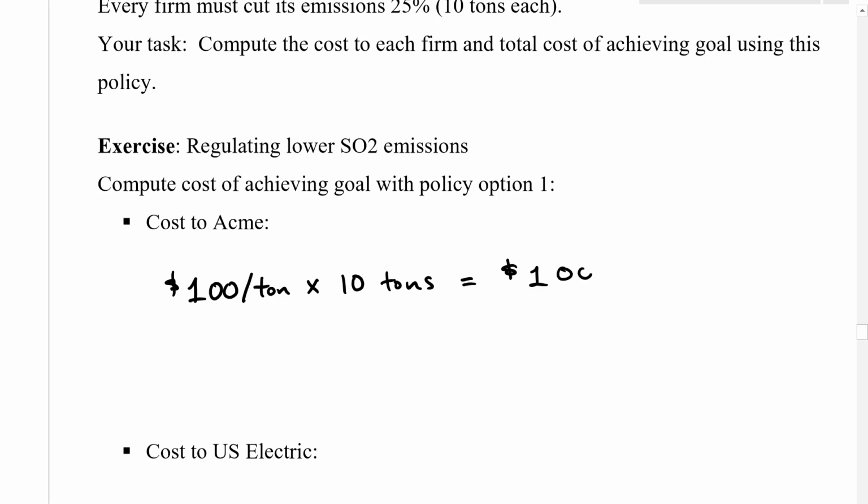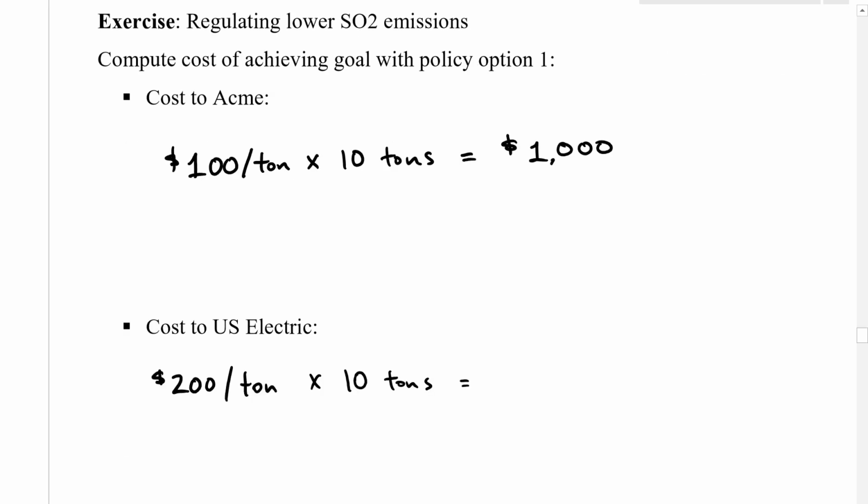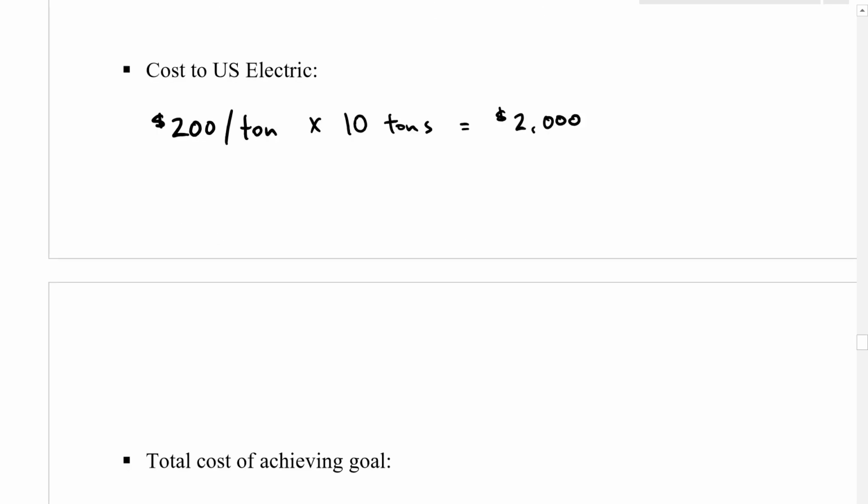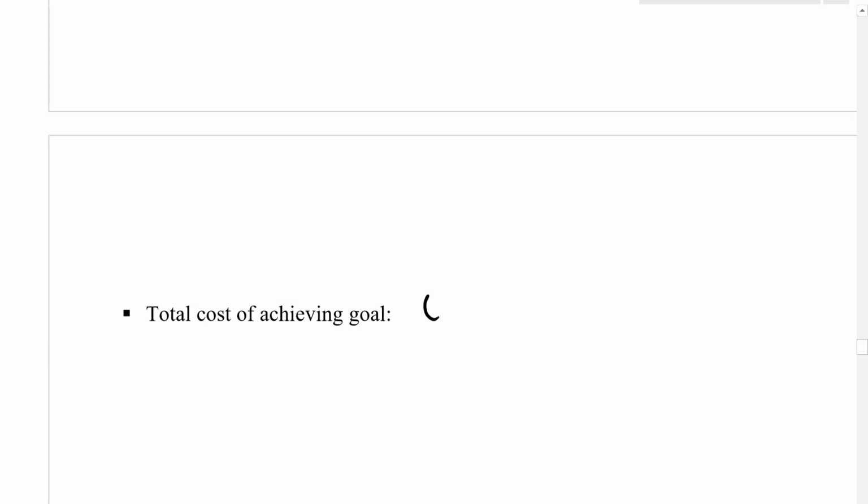The cost to US Electric is $200 per ton. They're also reducing by 10 tons, for a total of $2,000 to reduce their emissions. And the total cost of achieving this goal under policy option 1 with regulation is just the $1,000 from Acme plus the $2,000 from US Electric.